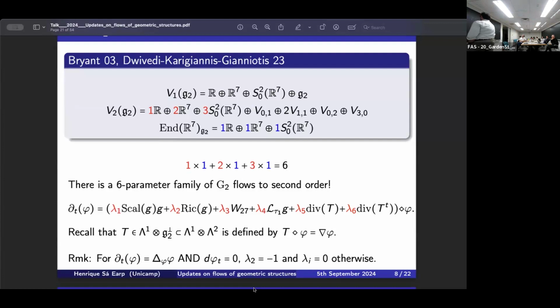So at time 0, my G2 structure is the initial one, and at time t it evolves, where this is the Hodge Laplacian induced by the G2 structure.